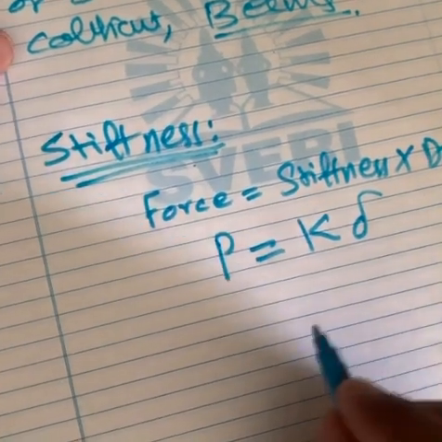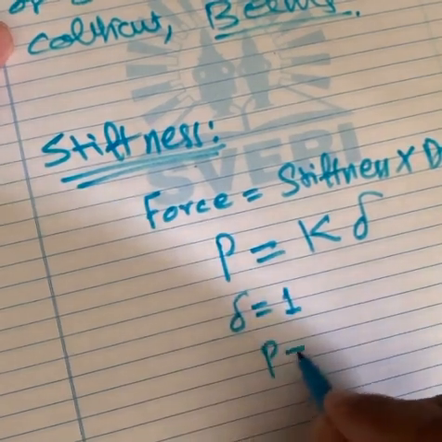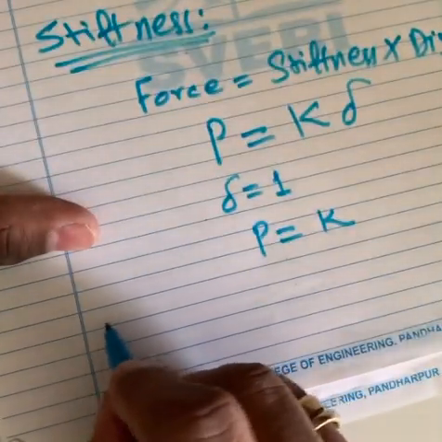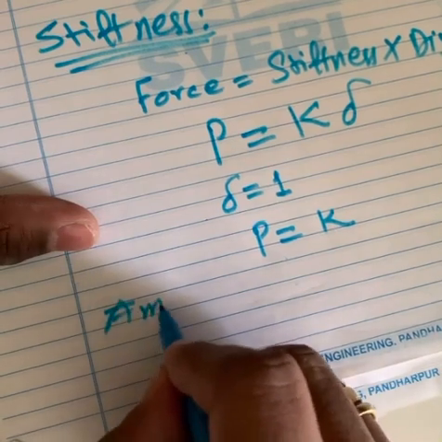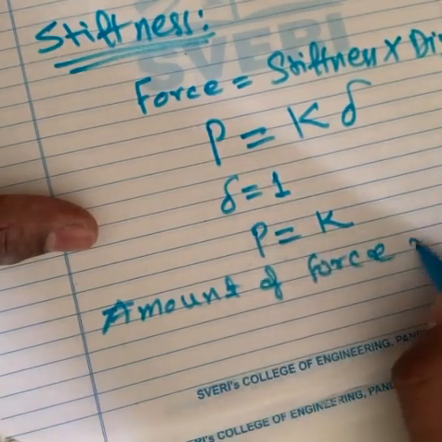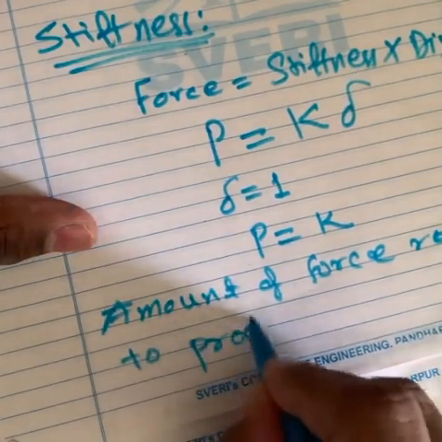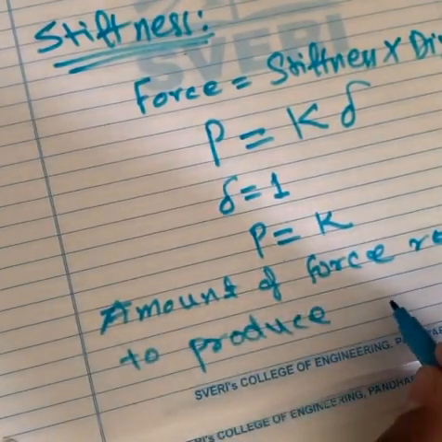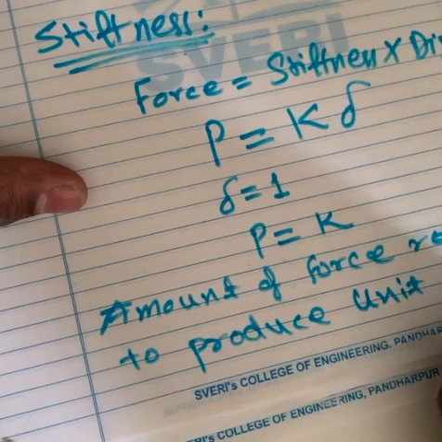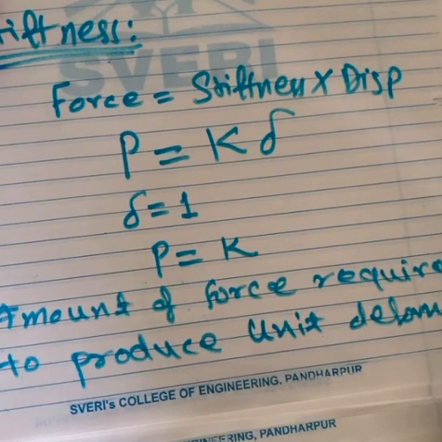If you have to get the stiffness, then you have to make delta equal to 1, then it becomes P is equal to K. So the definition of stiffness is the amount of force required to produce unit deformation.